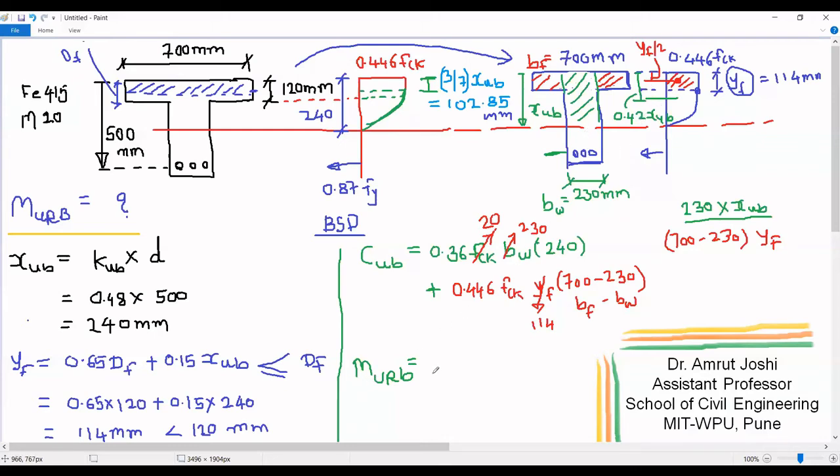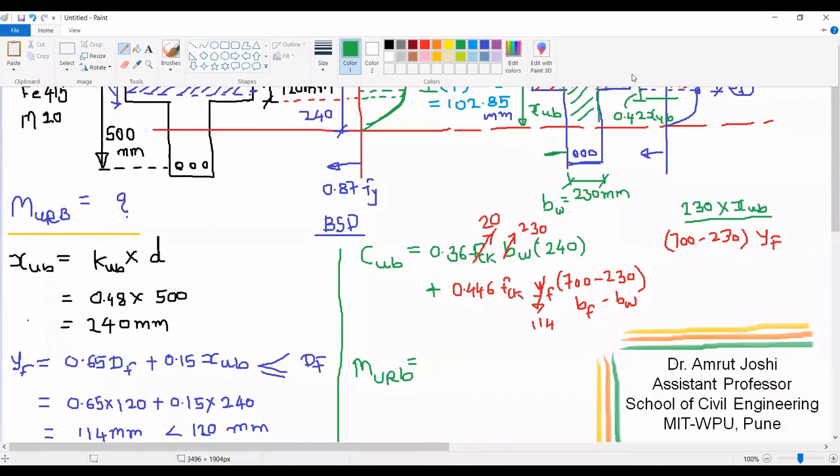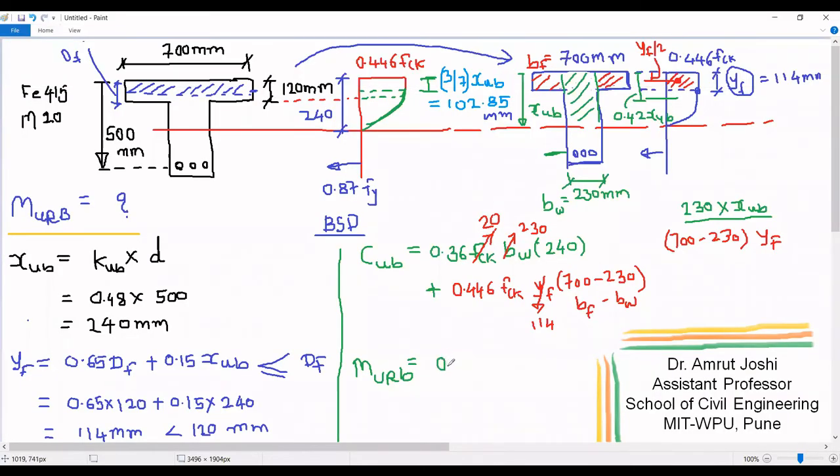So MURB I am going to write down as 0.36 FCK, that is 20, multiplied by BW, which is 230, multiplied by XUB, that is 240, multiplied by its lever arm, which is D minus 0.42 XUB.